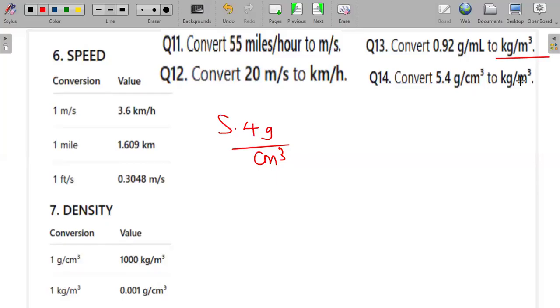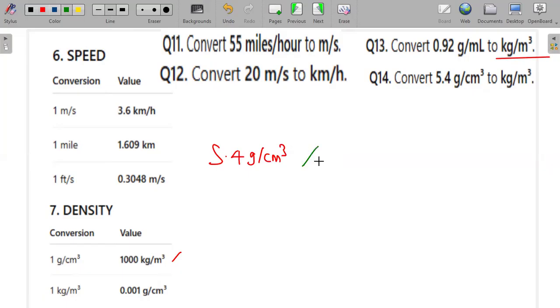I just want to show you how to use this conversion factor here. Since it has 2 units, I write it the way it is: 5.4 grams per cubic centimeter.